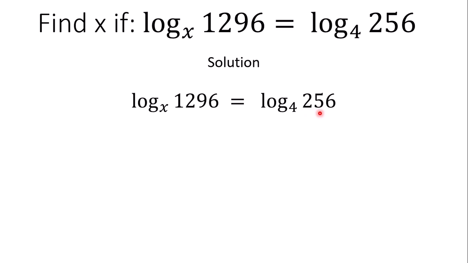Rewriting this one in the form of a base and a power won't be all that easy. Some of us won't find it easy to know what to do in order to get a base and a power.